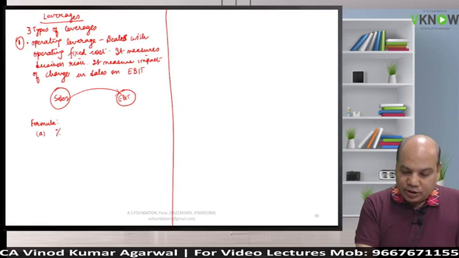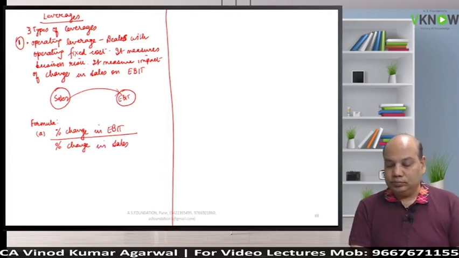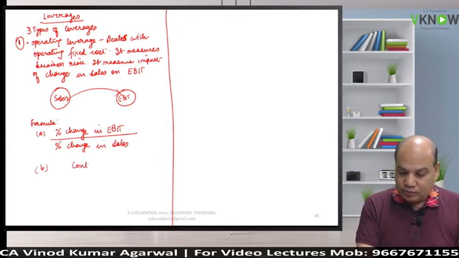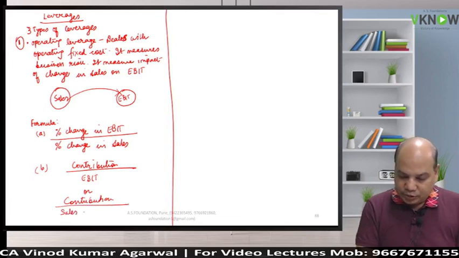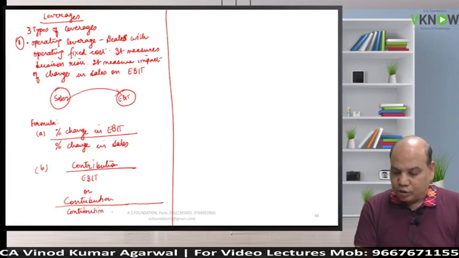The first formula is percentage change in EBIT upon percentage change in sales, and the second formula is contribution upon EBIT, or contribution upon contribution minus operating fixed cost.